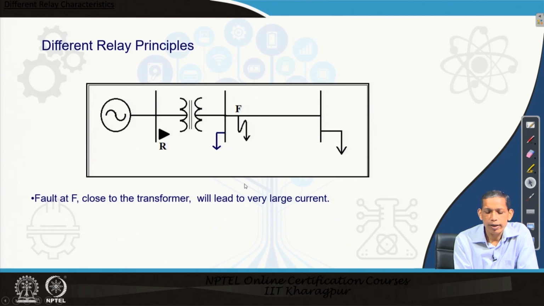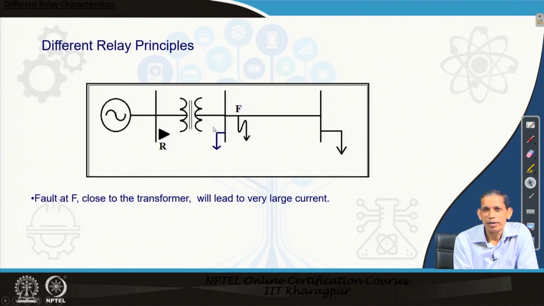The other thing, see this circuit here: we have a transformer connecting to a source or the substation, and then we have a line section. If a fault happens close to the transformer and we have a relay R protecting the transformer, then the relay, simply from the overcurrent principle, may not be able to distinguish whether the fault is inside the transformer or beyond the transformer.